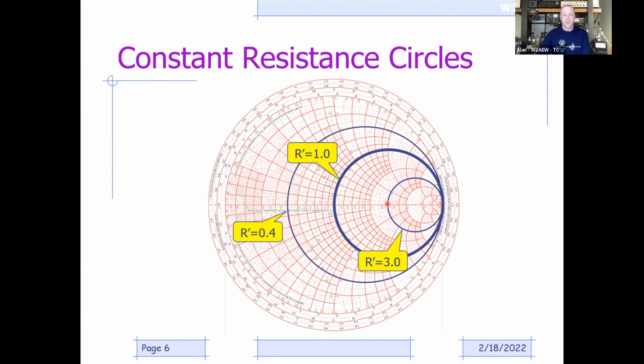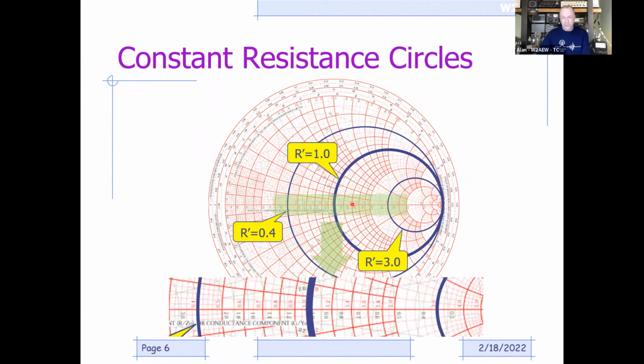Now here's normalized resistance of 0.4, so that would be 20 ohms, 0.4 times 50. So that would be that point right there. They all represent what we call constant resistance. If I expand up on this portion of the axis, we can see the 1.0 running along that circle.